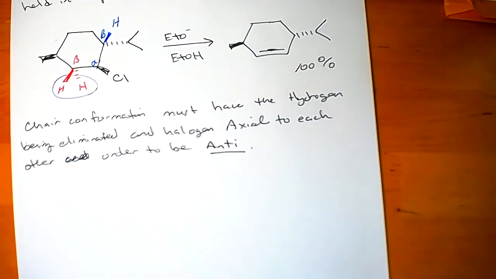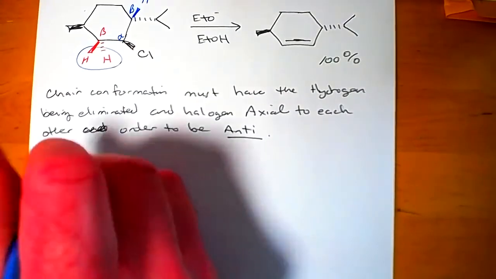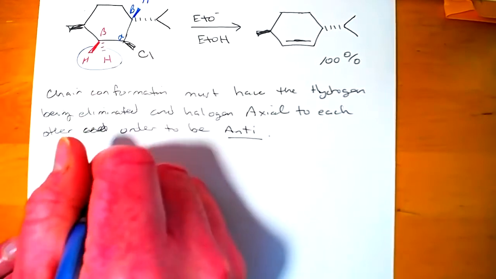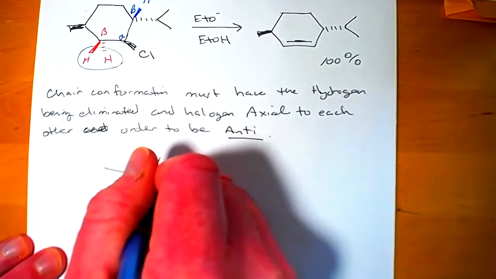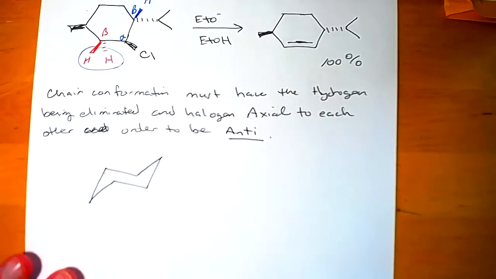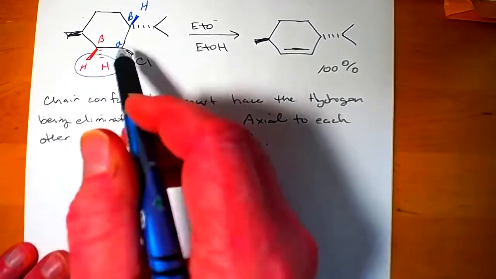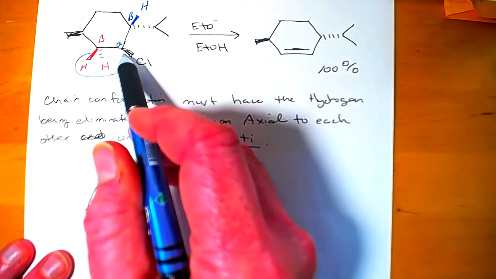Okay, so what that means is that if we were to draw out this system in chair cyclohexane, I'm sure you guys were thinking we were completely done with that, but this is where it starts to come back with a vengeance.